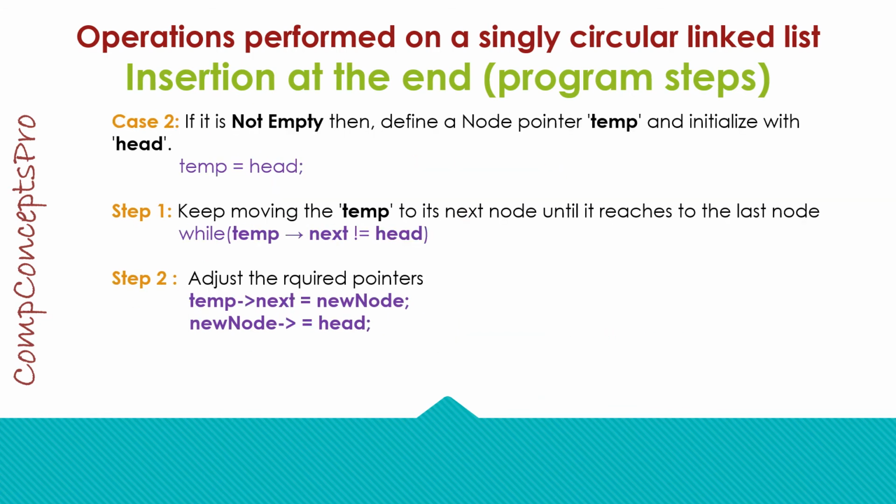But if it is not empty, then first declare a temp pointer same as head, means it should also point to the first node of the list. Then with the help of a while loop, keep moving the temp till it reaches the last node. Now adjust the pointers. First, the last node or the temp should store the address of the new node. And then the new node should store the address of the first node because it is a circular linked list.